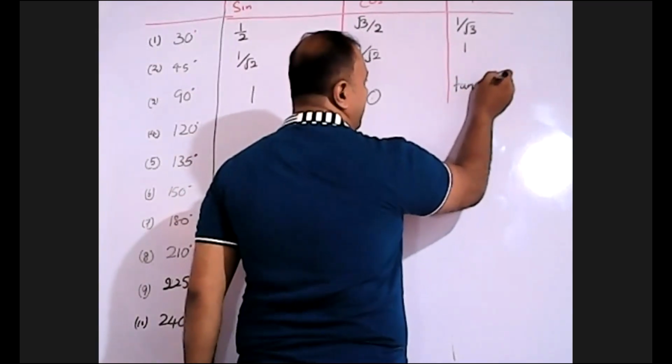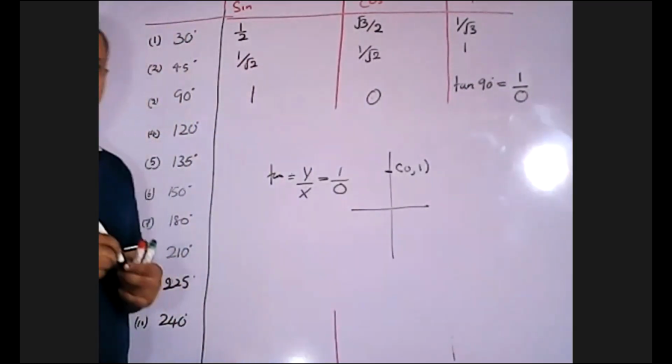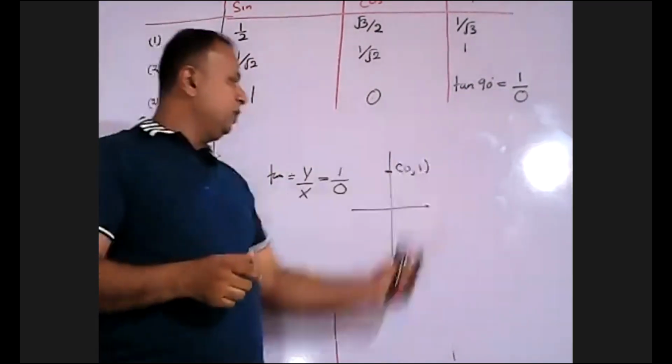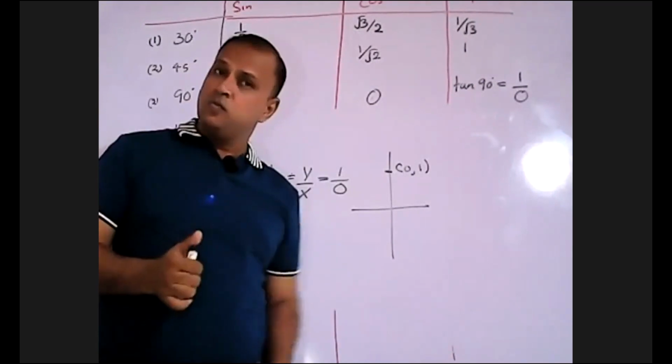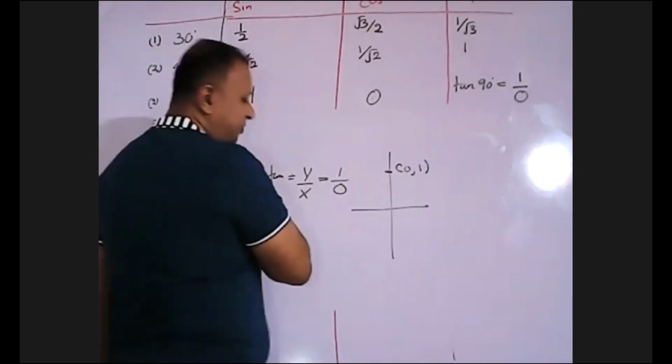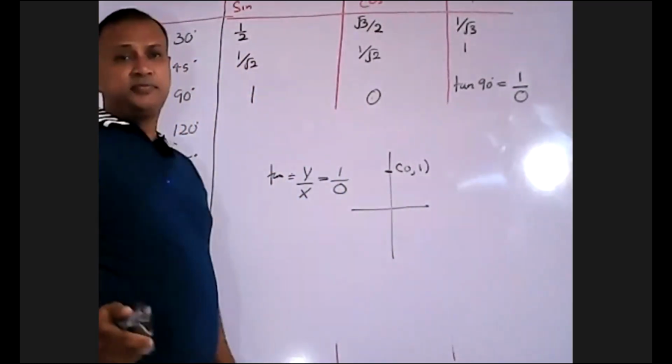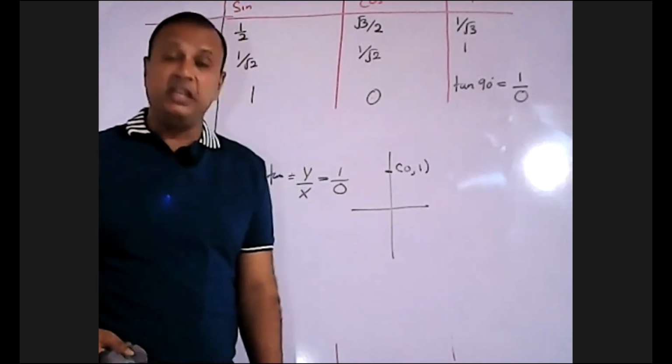Tan 90 is equal to 1 over 0. 1 over 0 is equal to, actually, it goes to infinity.